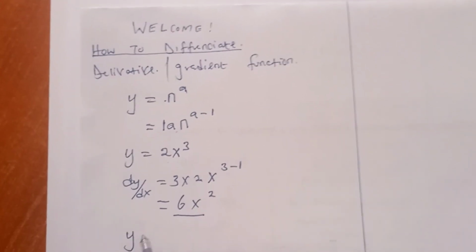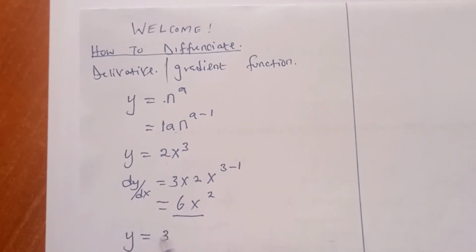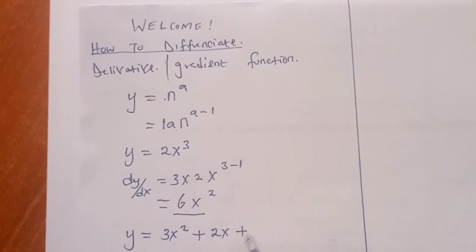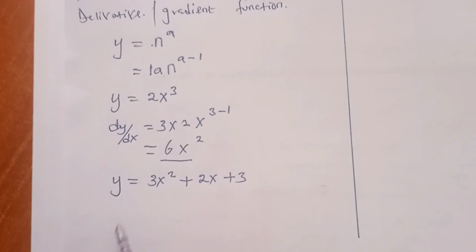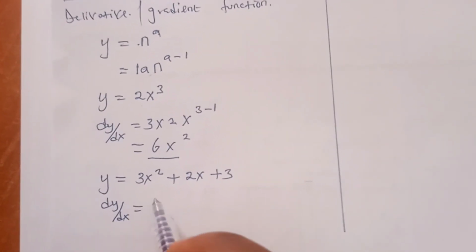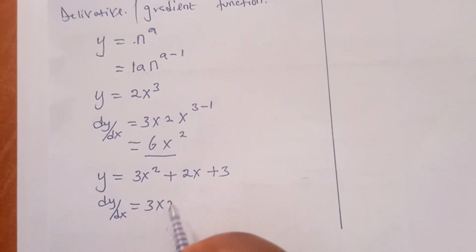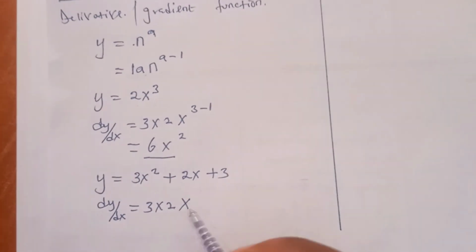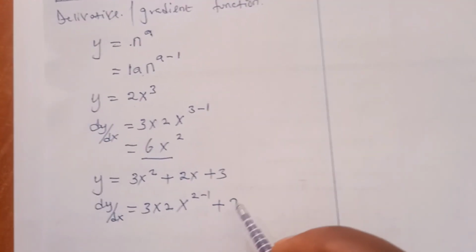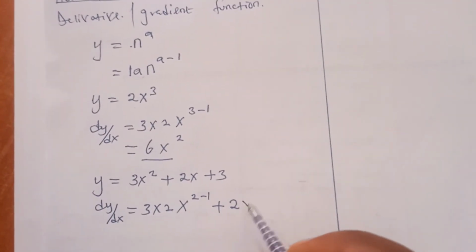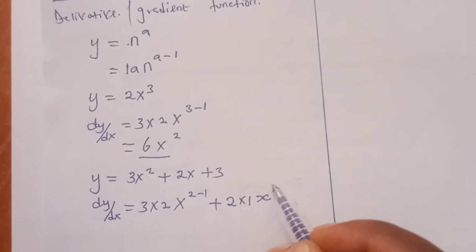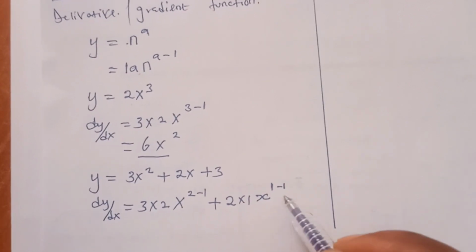Another case, y is equal to 3x squared plus 2x plus 3. So we multiply 2 by 3, then x to power 2 minus 1, the power less by 1. In the second case, it is 1 by 2, the power of x, then x to power 1 minus 1, which is 0.